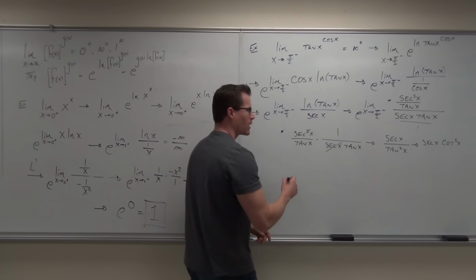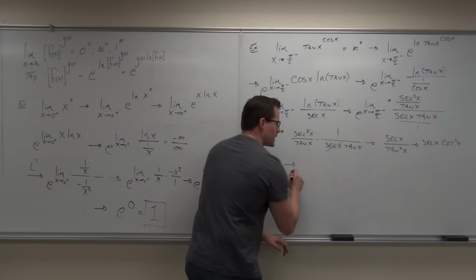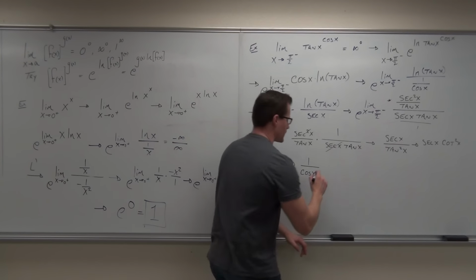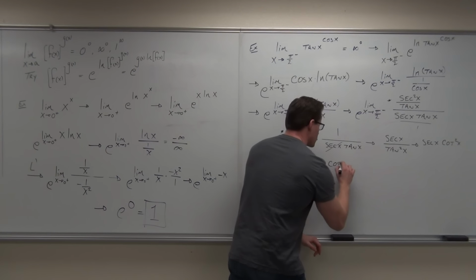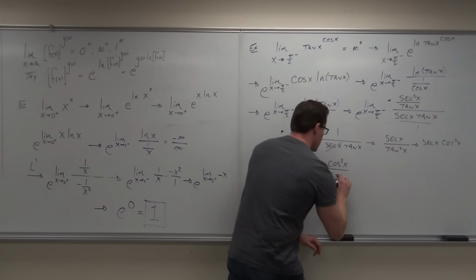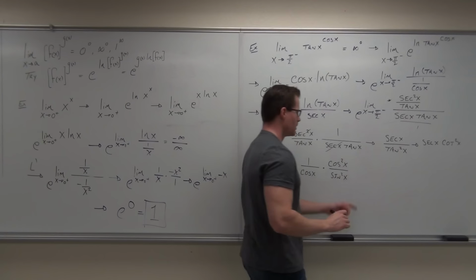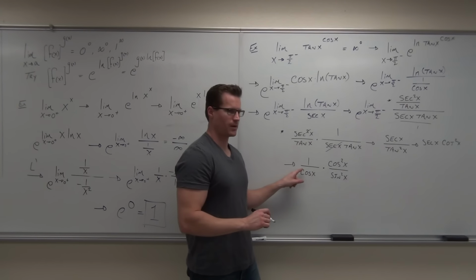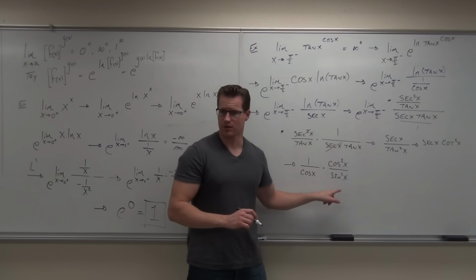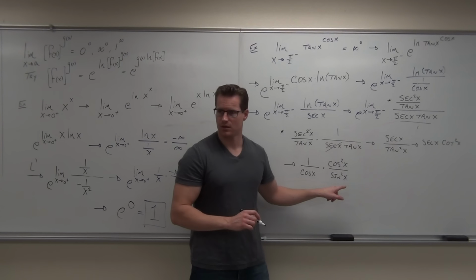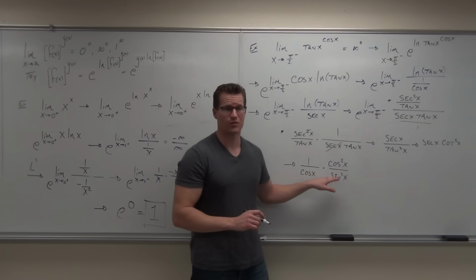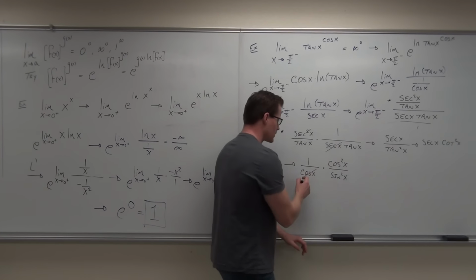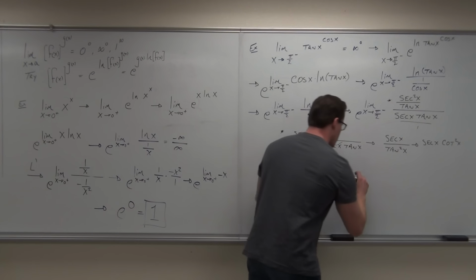Well, what I'm seeing out of that one is that I could do 1 over cosine x times cosine squared x over sine squared x. This is our secant. You follow me on that one? This is cotangent squared. You with me still? Can you simplify that? Yeah, why not? Let's do it. Cosine, cosine squared.